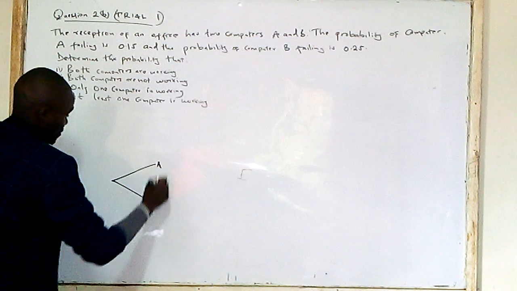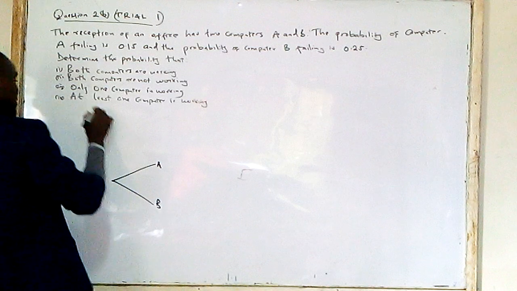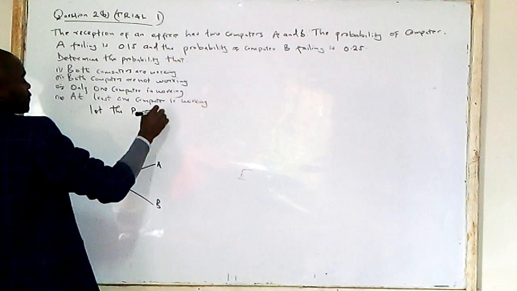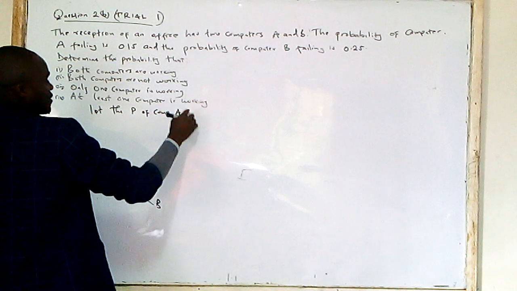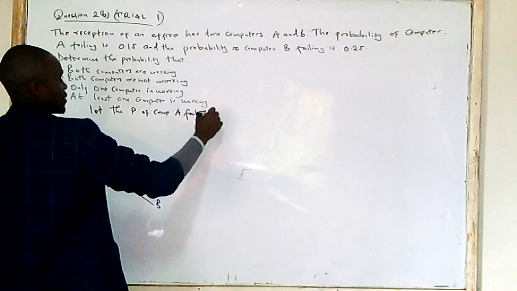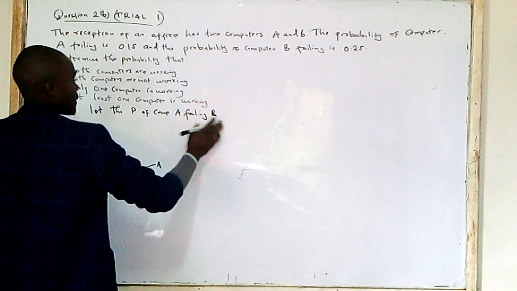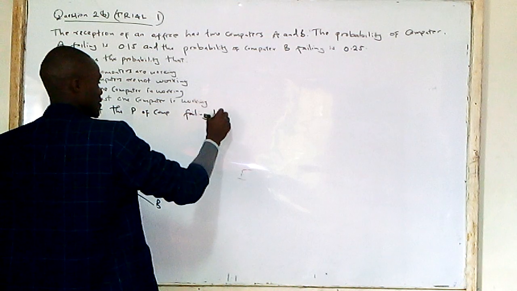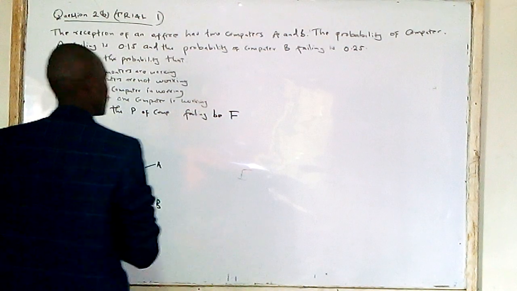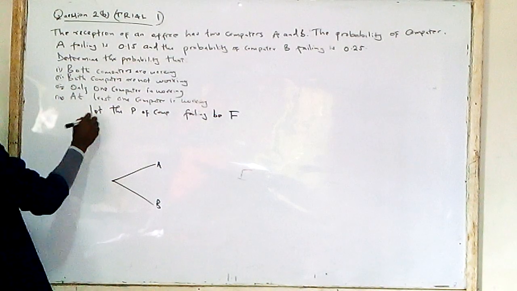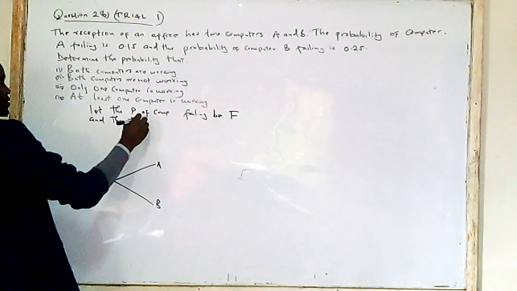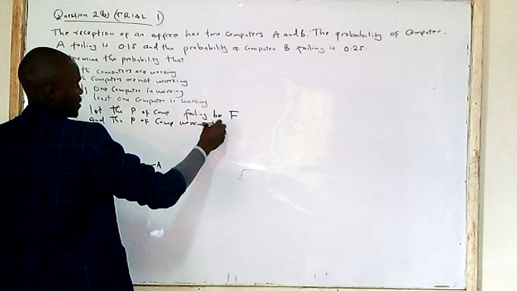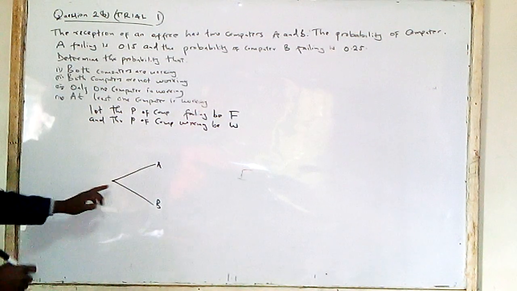And before that, let us say that the probability of a computer failing be F, and the probability of a computer working be W. So we have two computers, computer A and B.